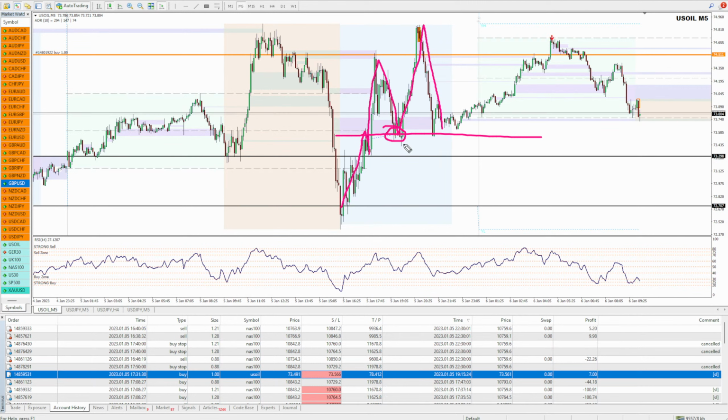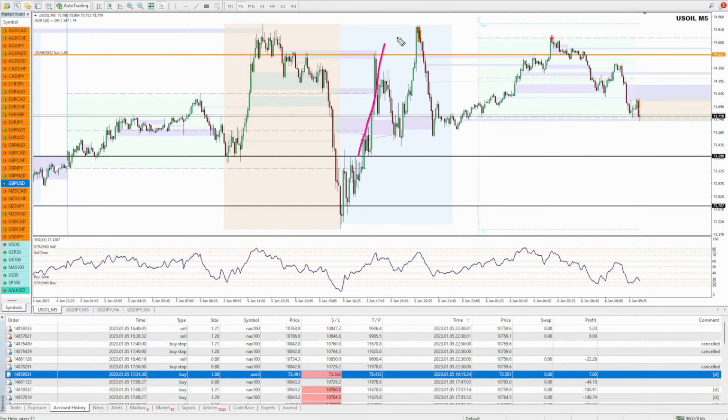You don't lose anything, obviously. It protects against any moves against you, but it also makes you lose all your winnings. So it's a double-edged sword. So if you're going to use a break even, in my opinion, your break even needs to trigger a good distance away. Let's go break even when we're really far. We're up here somewhere. Now let's go break even on it.